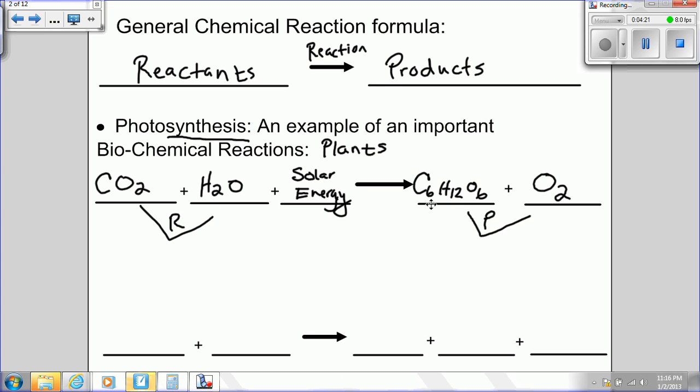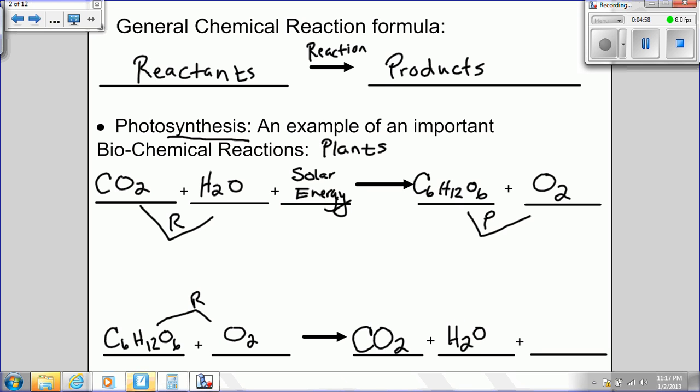Now, conveniently, we have the reactants for another equation that you guys might be familiar with. So if we take C6H12O6 and combine that with oxygen in our cells, and specifically in our mitochondria, so again, these are our reactants, we end up getting, yep, you guessed it, CO2 and H2O.